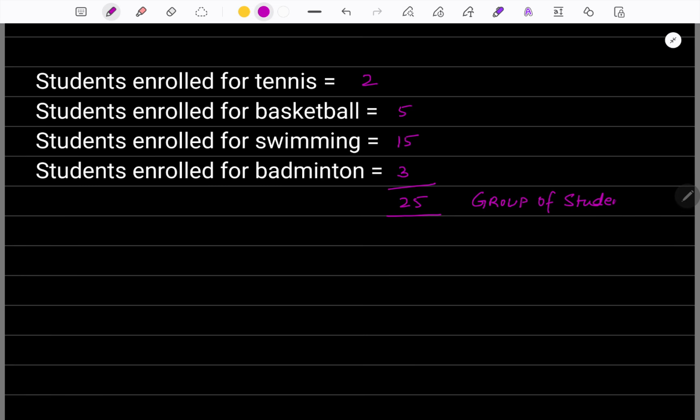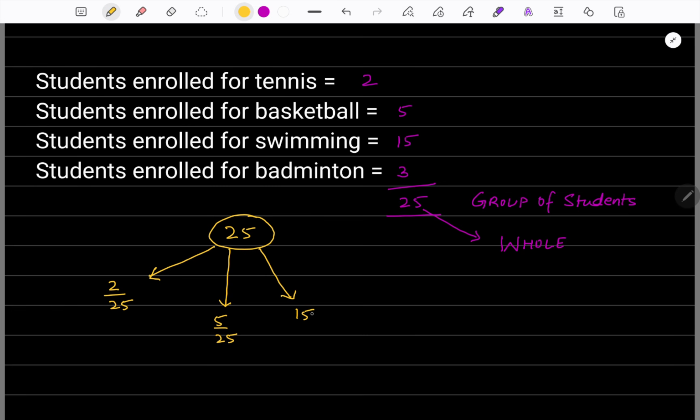Now each student is a part of this group. So 25 will be used for representing the whole. This can be better understood if we write 25, the total number of students, that is the group of students, and we say 2 students out of 25 enrolled for tennis, 5 students out of 25 enrolled for basketball, similarly 15 students out of 25 enrolled for swimming, and 3 students out of 25 enrolled for badminton.